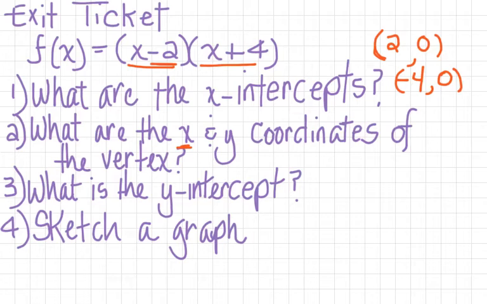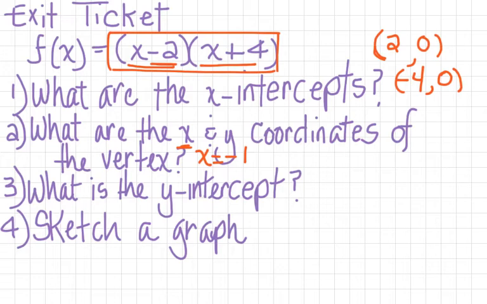Therefore, I know that x is going to be equal to negative 1. And I can find the y value by substituting the value of x is equal to negative 1 back into my factors right up here, which means it would be negative 1 minus 2 times the quantity of negative 1 plus 4.